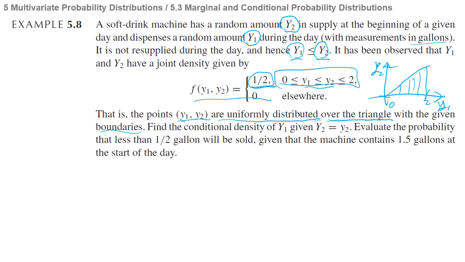Among this triangle, the density is uniformly distributed. Okay, and find the conditional density of Y1 given Y2 equals small y2.